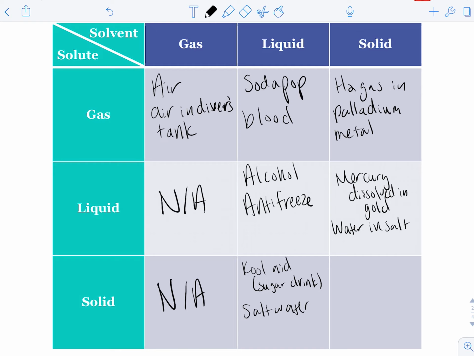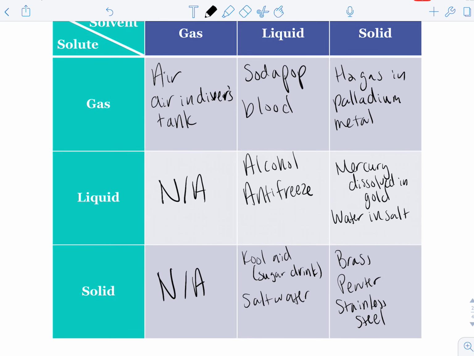And then our solid solutions, where we have a solid solute and a solid solvent. Brass is an example of this. Pewter. So many of our alloys, stainless steel. So lots and lots of examples of that as well.